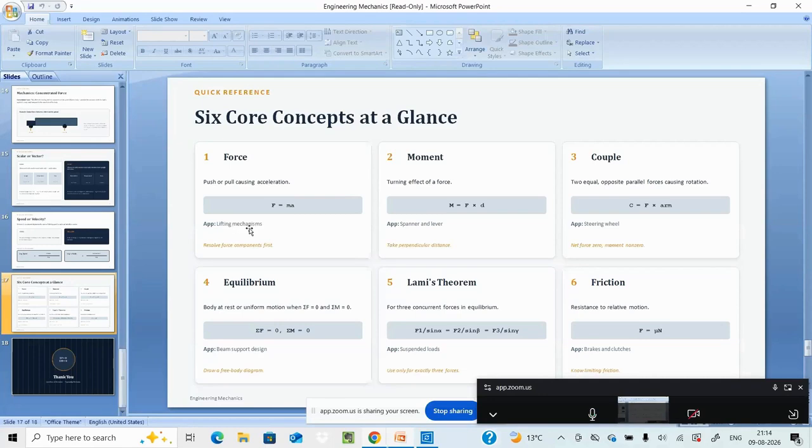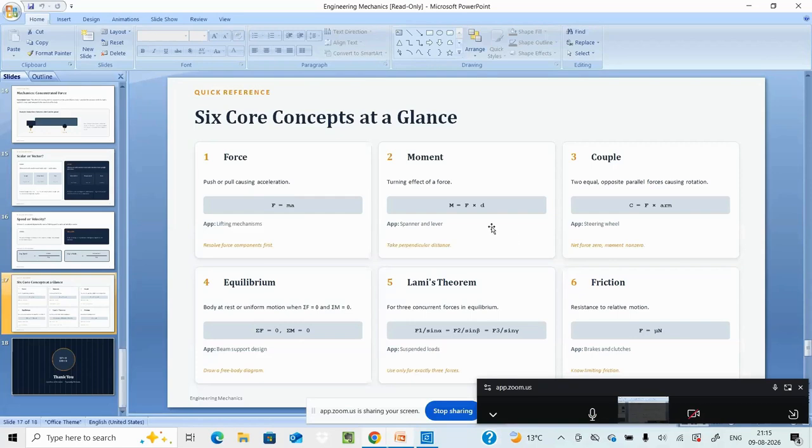Examples I have given: lifting a mechanism where a force is there, moment as a spanner and a lever, couple as a steering wheel, and equilibrium as a beam support design, which I have shown with the drawing. Clear with all these things?